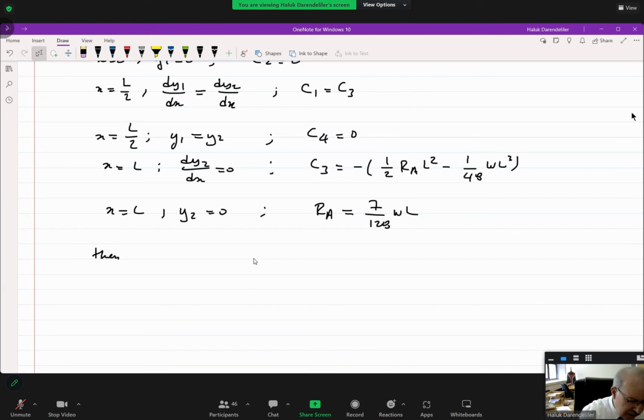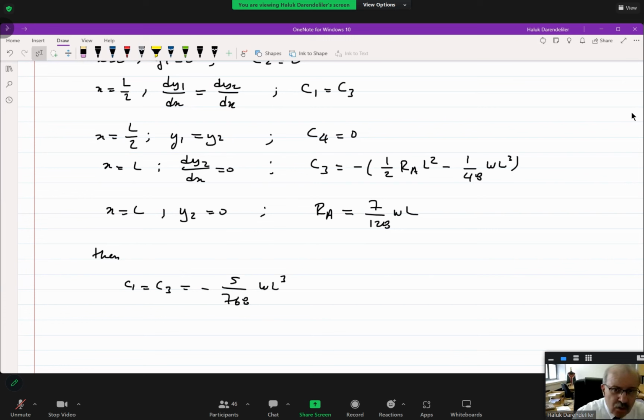Then C1, which is equal to C3, can be determined in terms of the given parameters, WL, etc. So it is equal to minus 5 over 768 WL cube. Since we know these constants, we know both equations.